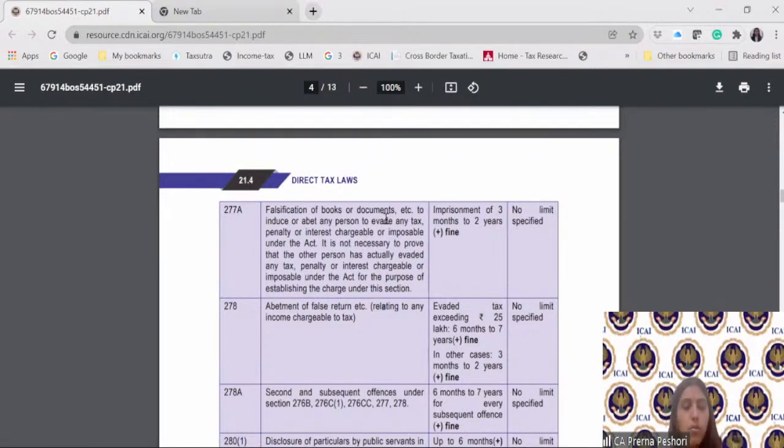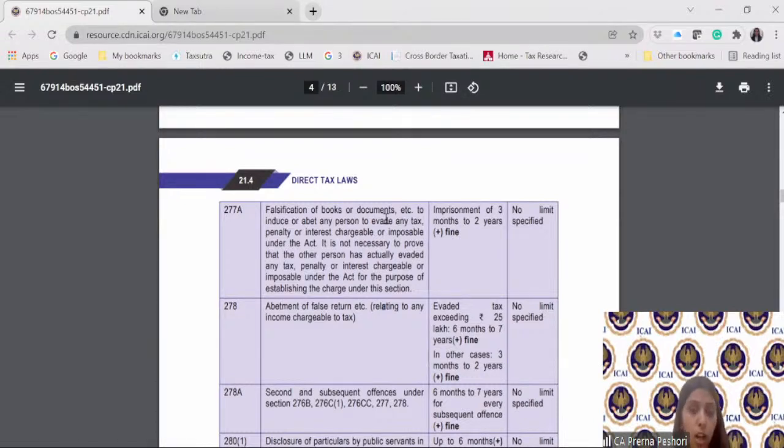So wherever the evaded tax is more than rupees 25 lakhs, the prosecution is generally 6 months to 7 years. Is that clear? And in other cases, it is 3 months to 2 years. So even for underreporting of tax, this was the same.